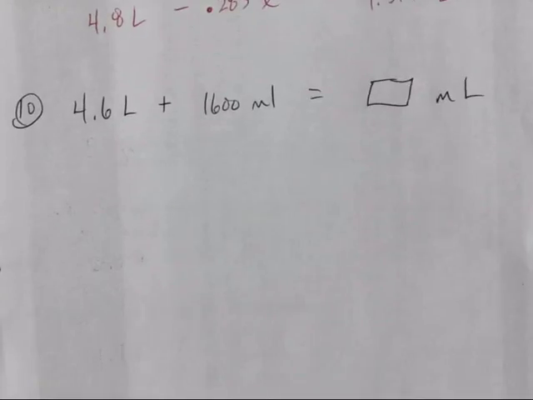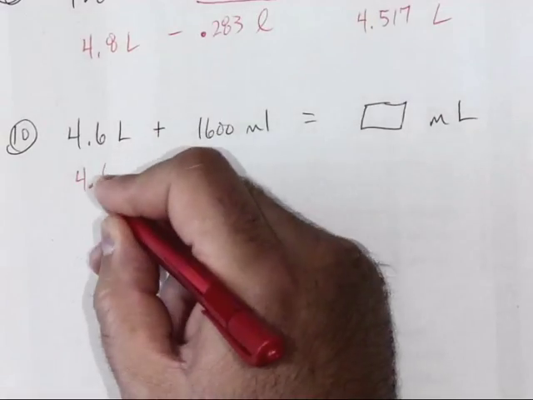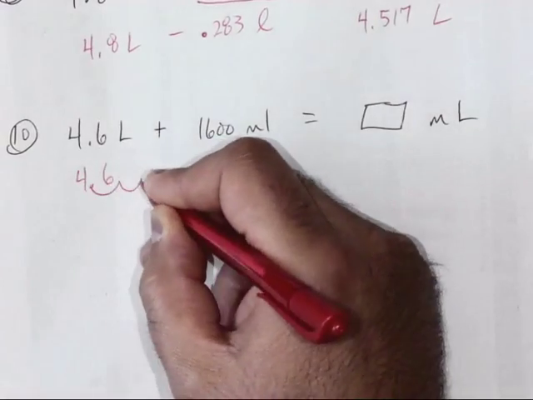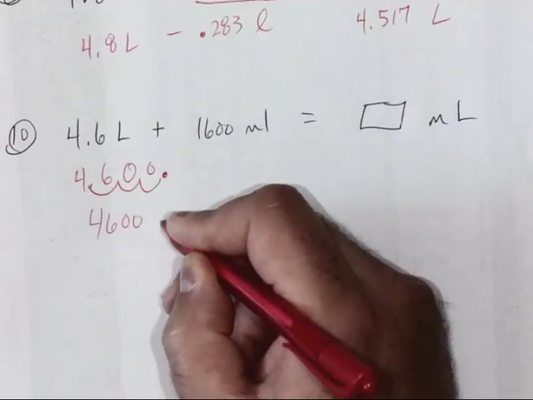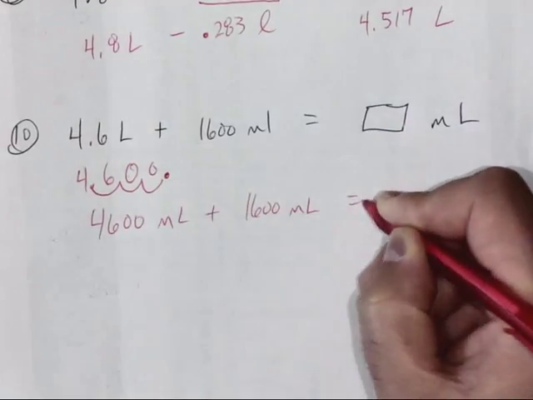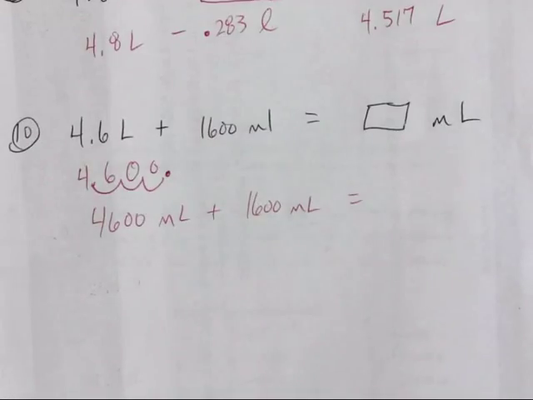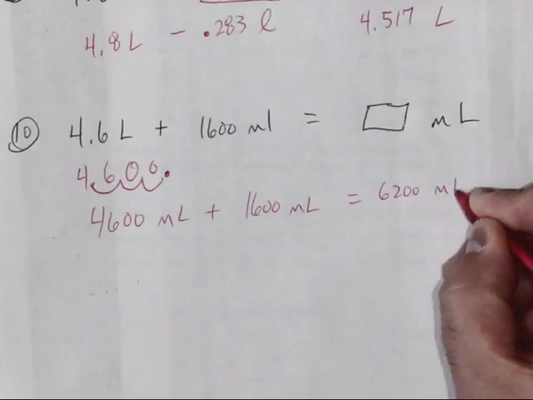So I'm going to take the decimal in liters here, move it 3 places to the right. 1, 2, 3. So that should be equal to 4,600 milliliters plus the 1,600 that we're adding it to should give us 6,200 milliliters.